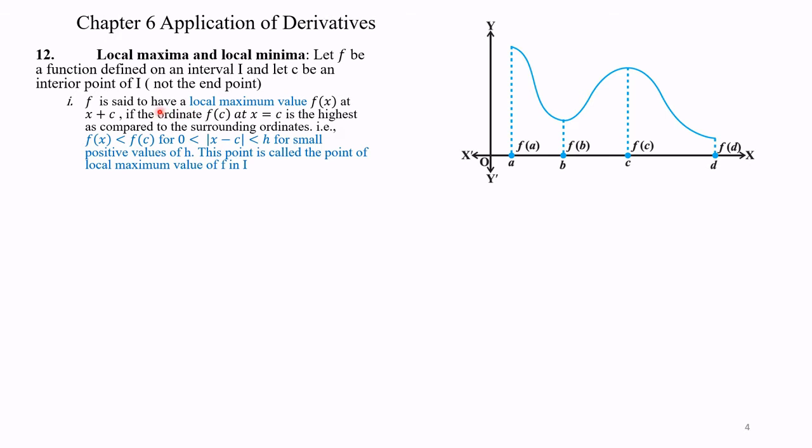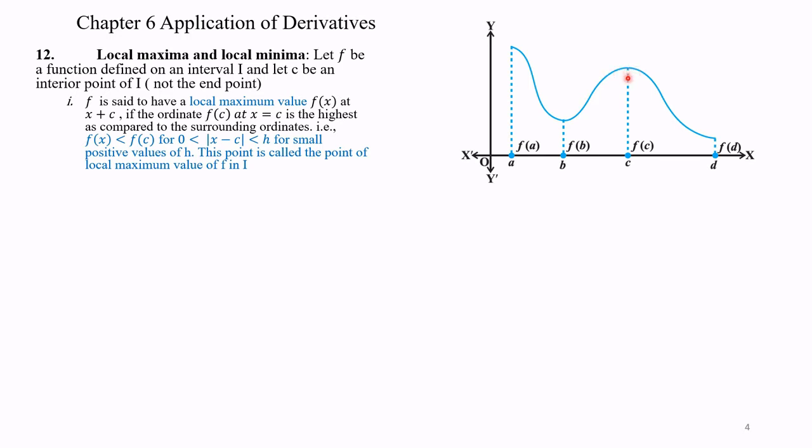f is said to have a local maximum value f(c) at x equal to c if the ordinate f(c) at c is the highest. Say for example, consider the point c here: in the neighborhood of c, f at x equal to c is the highest, neglecting the end points. c in between is the highest point as compared to the surrounding ordinates.